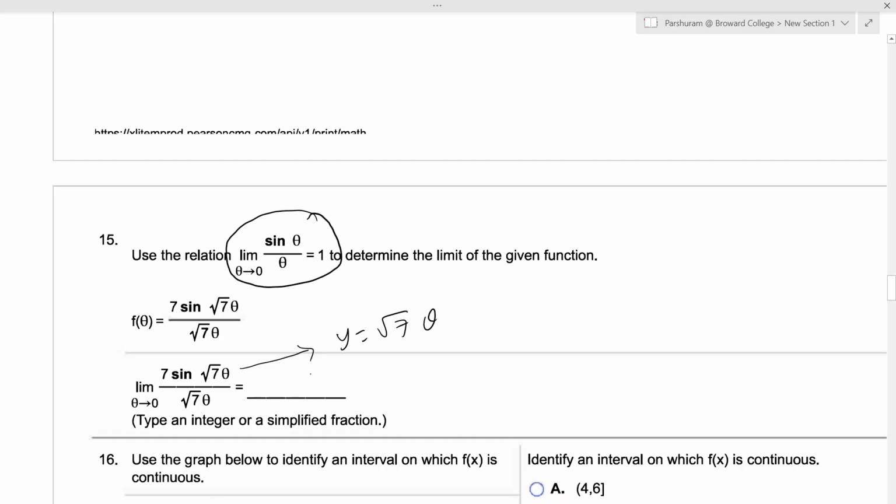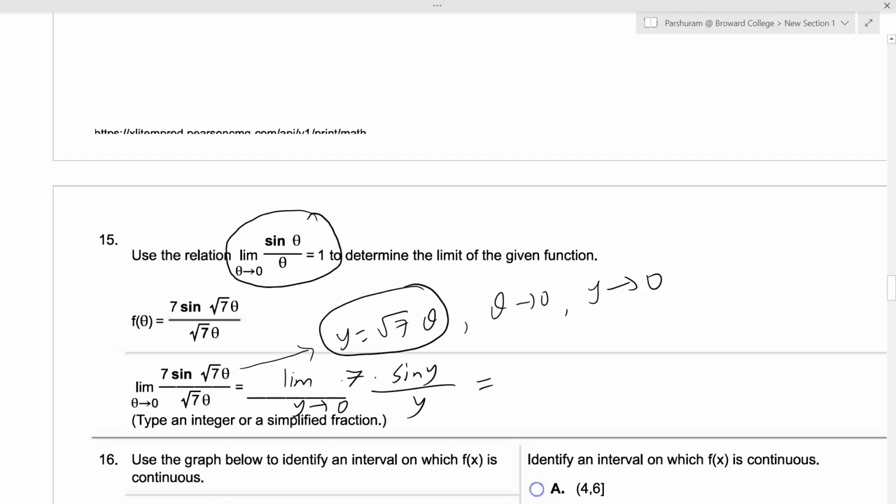By plugging that in, when theta equals 0, this value y should also equal 0, and this problem becomes the limit as y goes to 0 of 7 sine y by y. I'm just replacing y by the square root of 7 theta, and because 7 is a constant, I can keep this constant outside, and that is the limit as y goes to 0 of sine y over y.